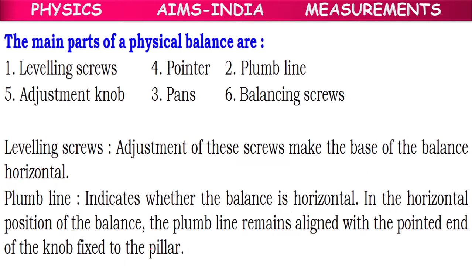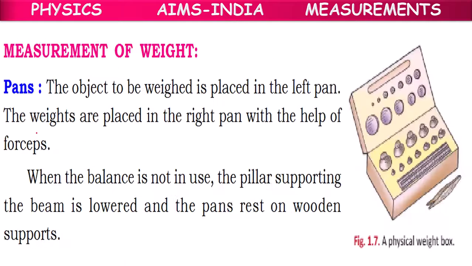Next, pans. The object to be weighed is placed in the left pan. The weights are placed in the right pan with the help of forceps, because we should not touch them with our hand. From our hand, dust may stick to the weights, and the weights may increase or decrease.